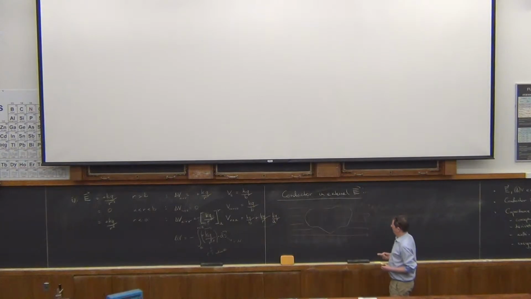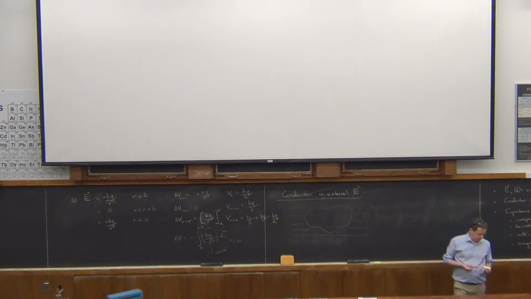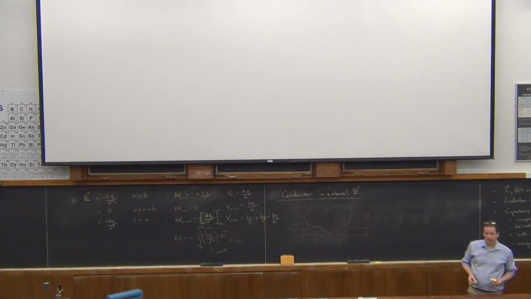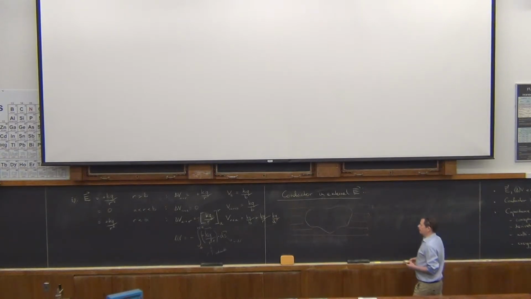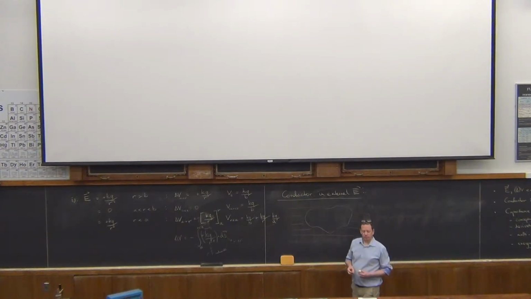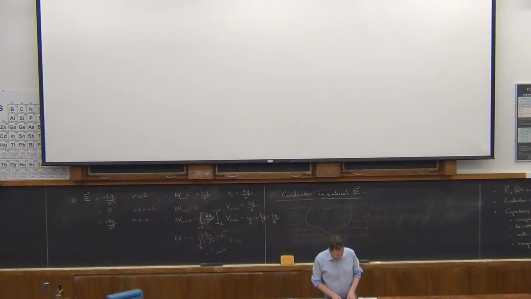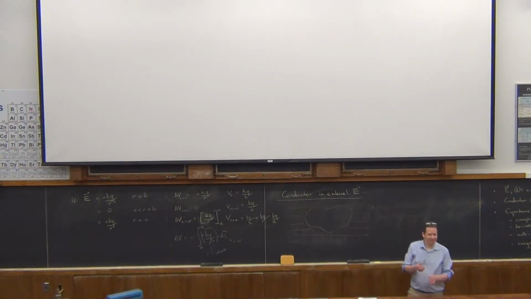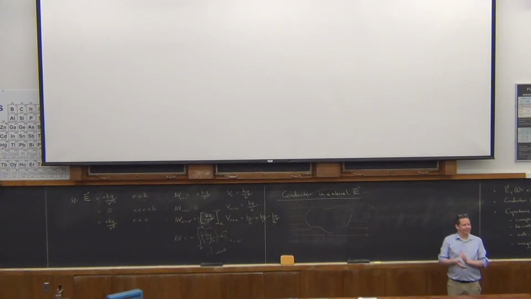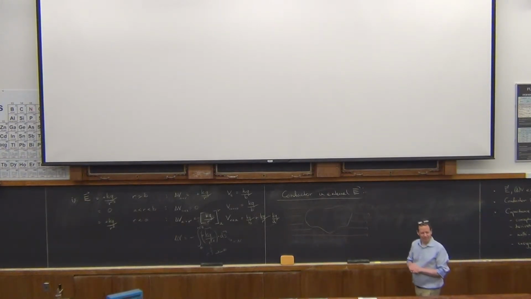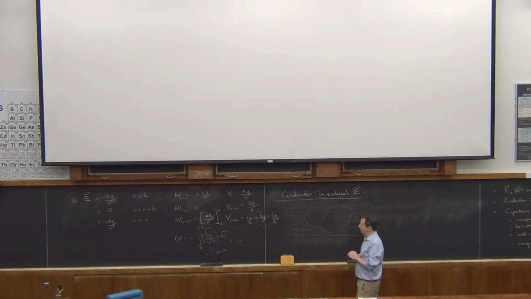So there's some external uniform E field, and I put a chunk of conducting material in it. It's electrically neutral. What can you tell me about the electric field inside a conductor? So I've got no E field inside.